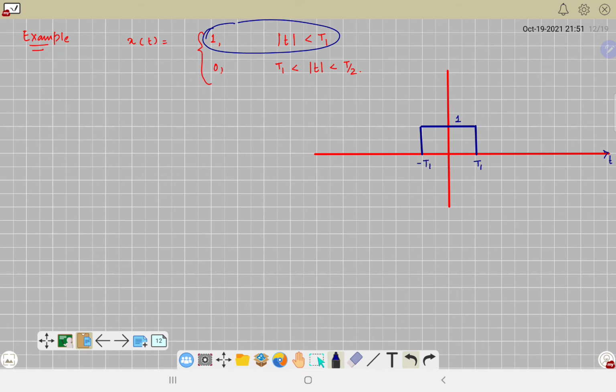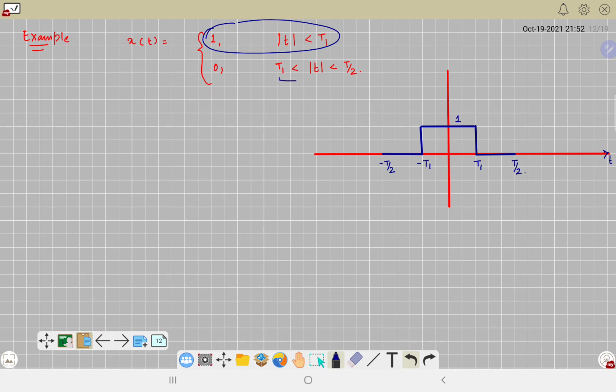उसके बाद it will be 0 from t1 to magnitude, so it means something like this. So I will have a point here, minus t1, then a point here like this, fine, and this point is actually minus T by 2, and here T by 2.